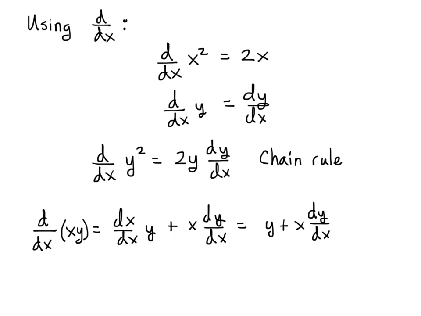So this really will look better if I put it like this, y plus x dy dx. Okay, so that's the product rule and the chain rule when I'm doing these things implicitly. Now we don't have to write dy dx. We can write y prime, right? So this would be y plus x y prime is the derivative of xy.